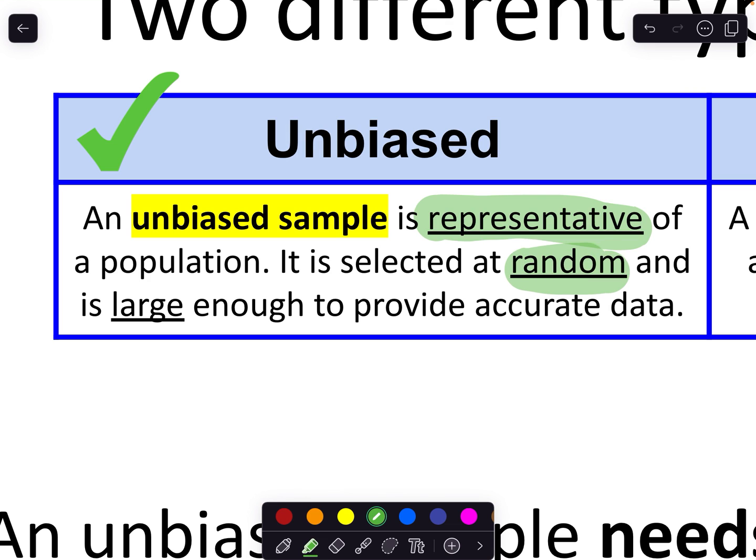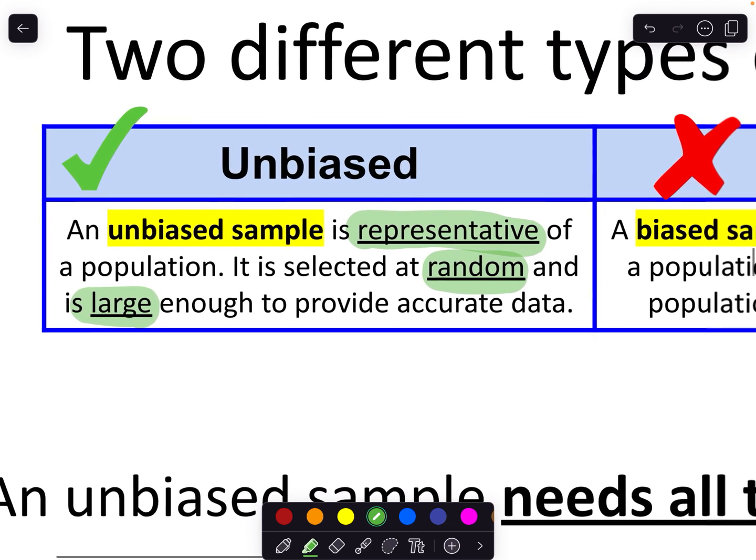It's random, so you don't know who you're talking to before you go out to do a sample, right? You're not targeting individual people or things. And it is large enough to provide accurate data. So you're not just talking to two people or three of your friends. So it's got to have all those things to be unbiased.